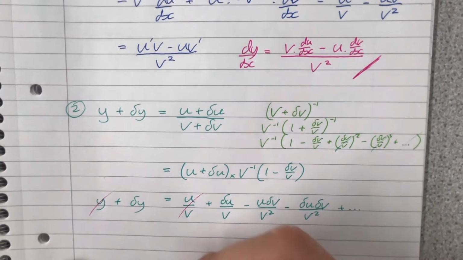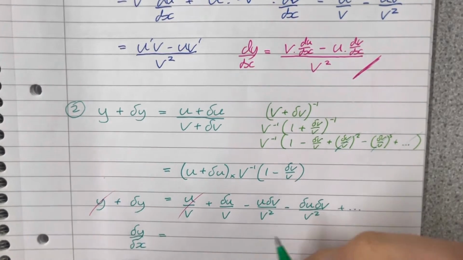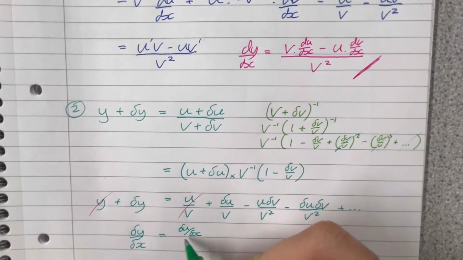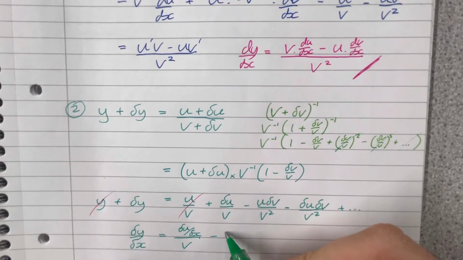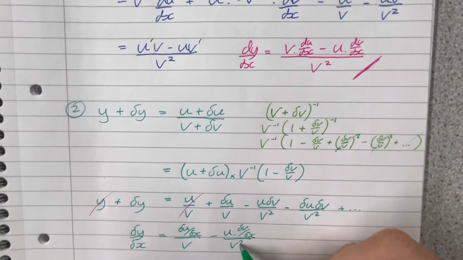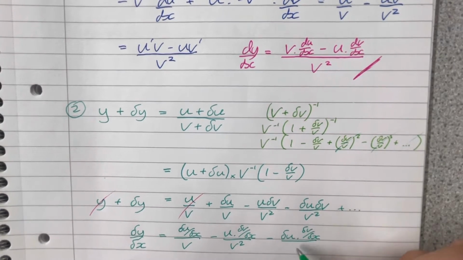And as I did with the product rule, I'm now going to divide it by delta x, so that's going to be delta u divided by delta x divided by v, minus u times delta v over delta x divided by v squared, minus delta u times delta v over delta x divided by v squared.